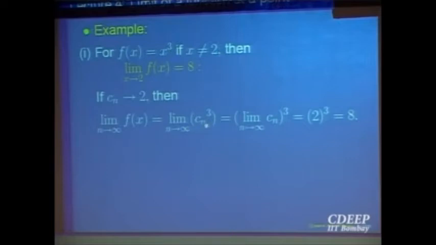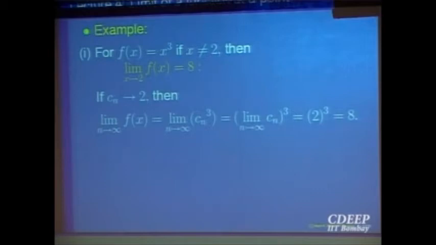But for the limit of Cn cube, here I am going to use the limit theorem for sequences. Limit of Cn cube is equal to the cube of the limit of Cn, and Cn is going to 2, so this goes to 2 cube, that is 8. So that limit is equal to 8. Clear?